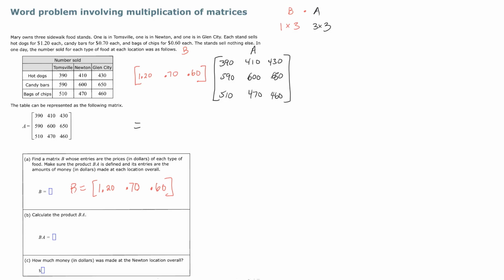So when you actually move the data, notice you're going to get an output of 1 by 3. So B times A is 1 by 3. That means 1 row and 3 columns.